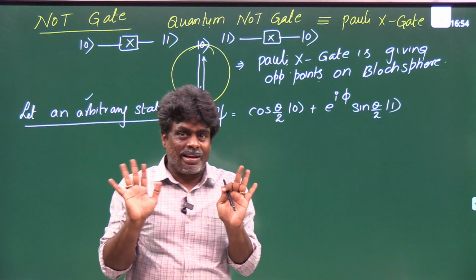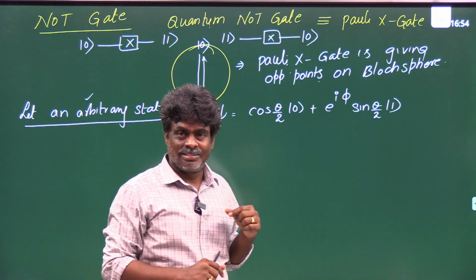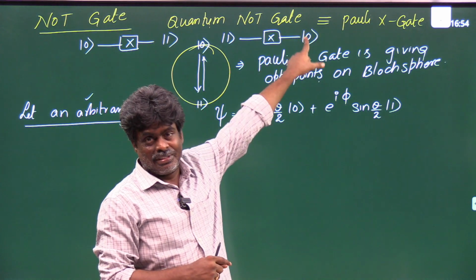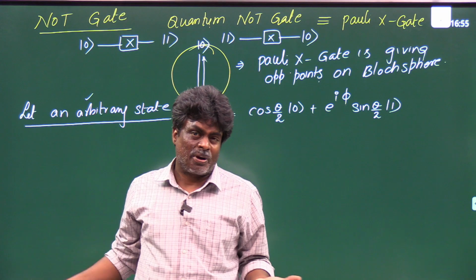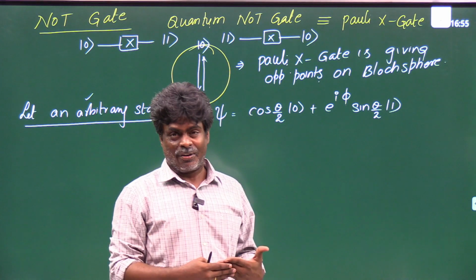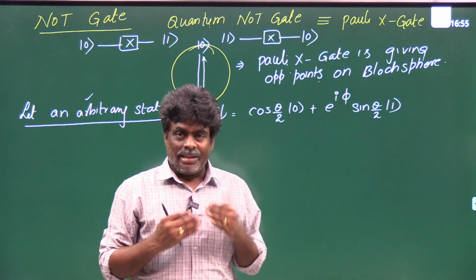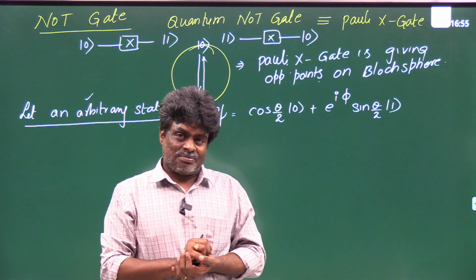Now I will apply the X NOT gate to this arbitrary state. According to this definition, we have to get quite opposite points on the Bloch sphere. Then let us check whether you are getting it or not. Here I am checking the NOT gate operation with an arbitrary state.